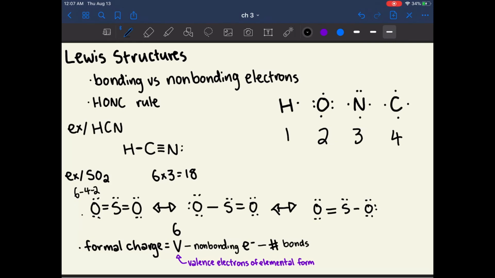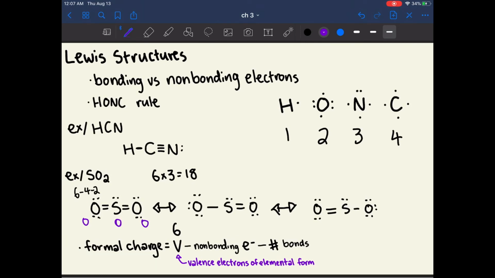So the formal charge of this oxygen is 0. And we can calculate it for the sulfur as well. V is 6, non-bonding electrons is 2, and number of bonds is 4. So the formal charge of the sulfur is likewise 0. And the formal charge of this oxygen is also 0 for the same reasons that the left oxygen was 0. So all 3 formal charges in this structure of sulfur dioxide are 0.